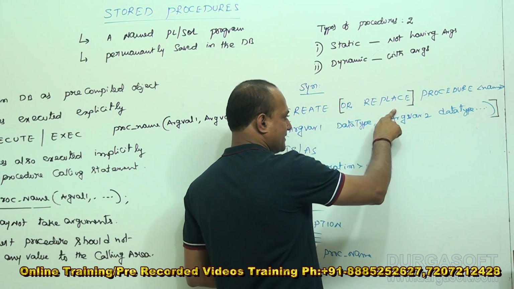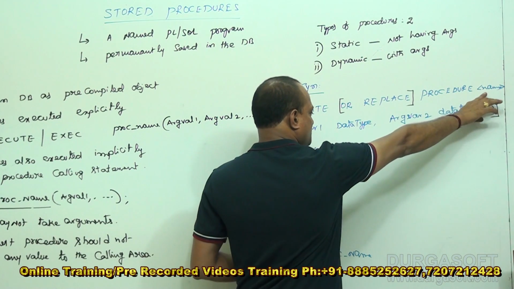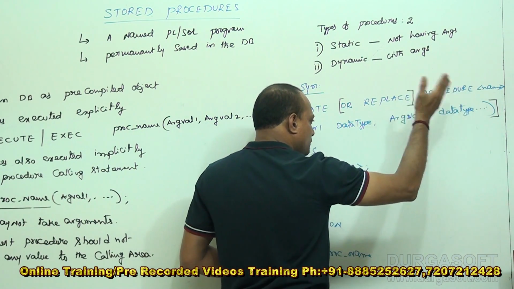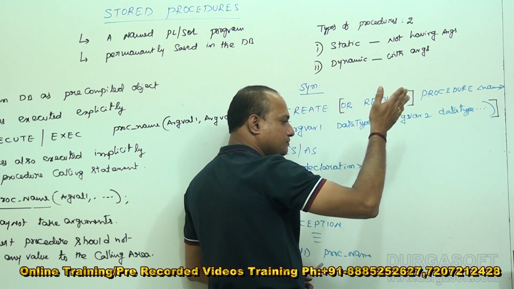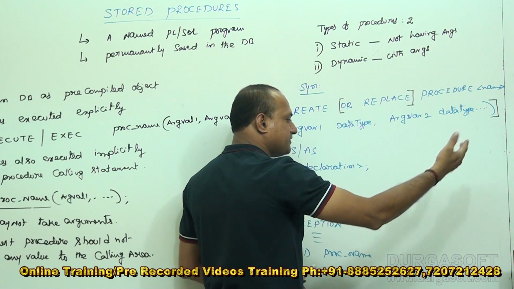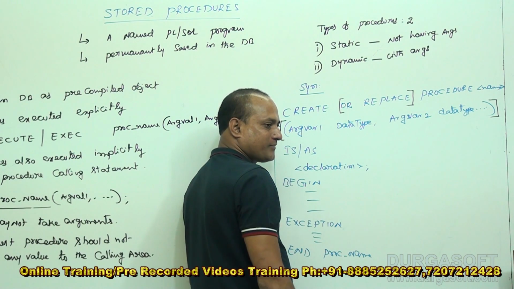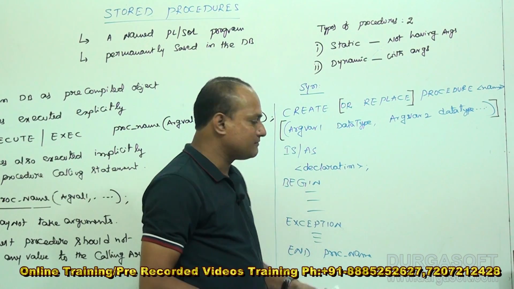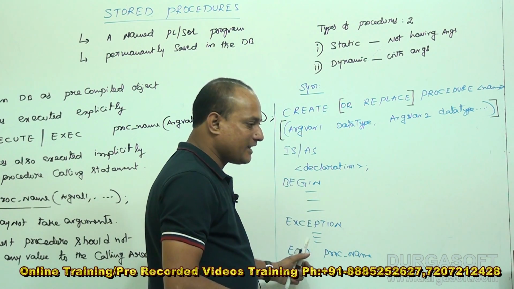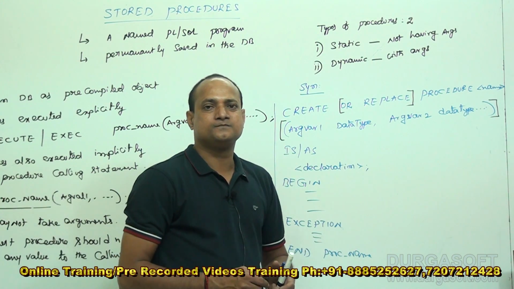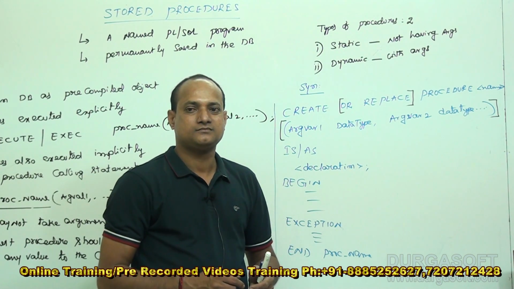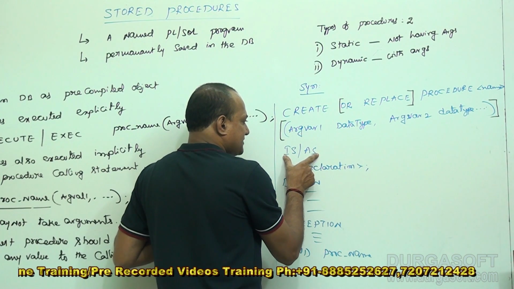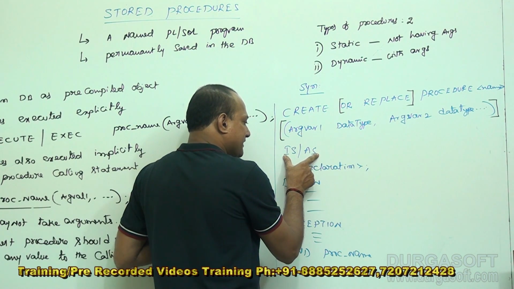Create or replace procedure name. Then with the same name, if old procedure is there, the old procedure logic is replaced with new logic. With the same name, there is no old procedure. Then this procedure is created as a new procedure. Remember this point. Okay. And is or as, any keyword you can use.